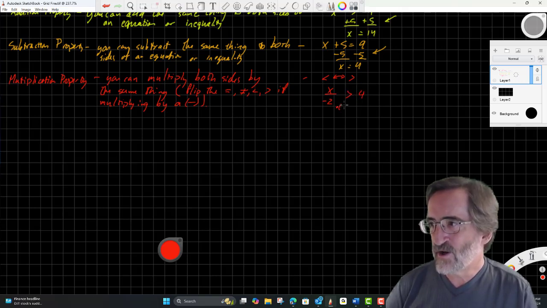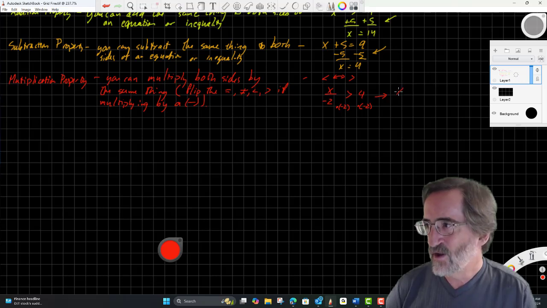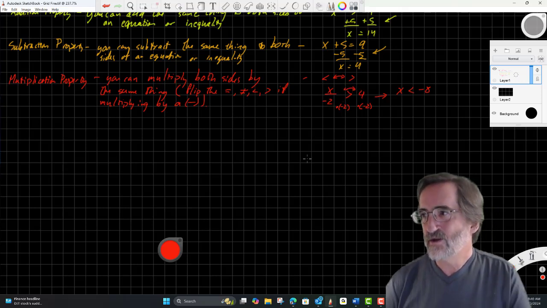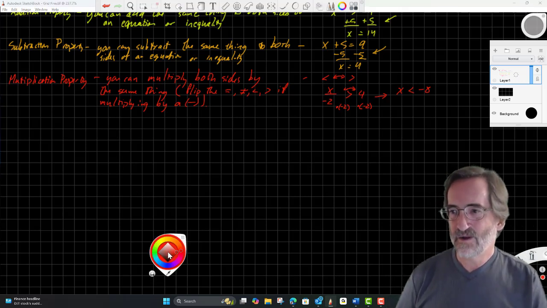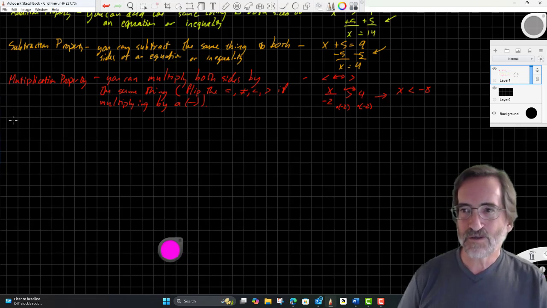We're going to multiply both sides by negative 2, yielding x and negative 8, but the greater than flips over to become a less than. So x is less than negative 8. Multiplication property.